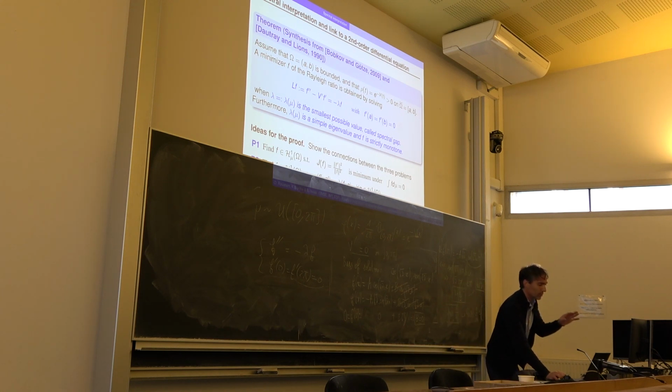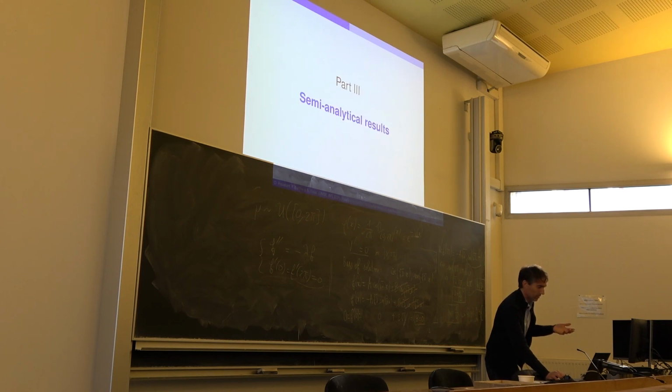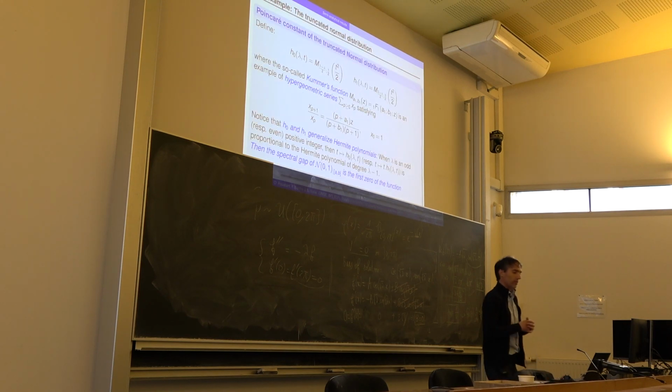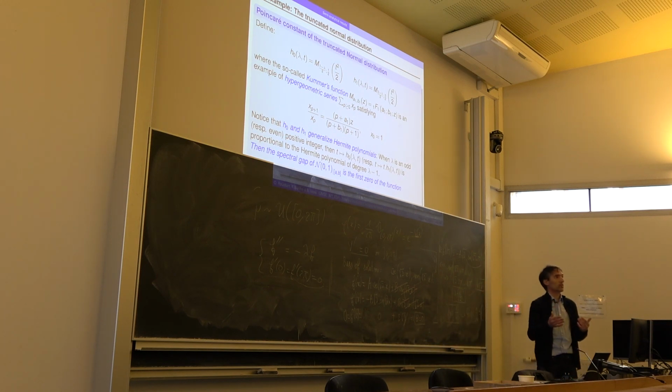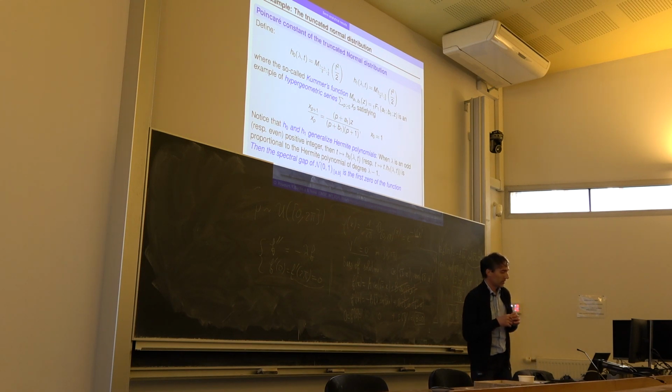I skip the details, but for instance, for the normal distribution truncated on a compact interval, it is possible to find the result, but with complicated tools.